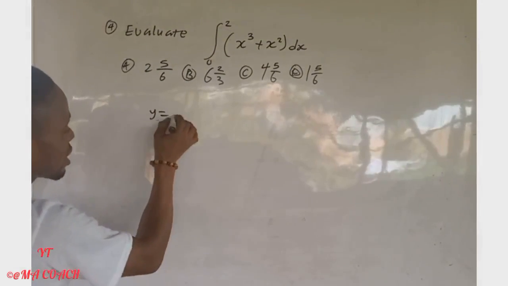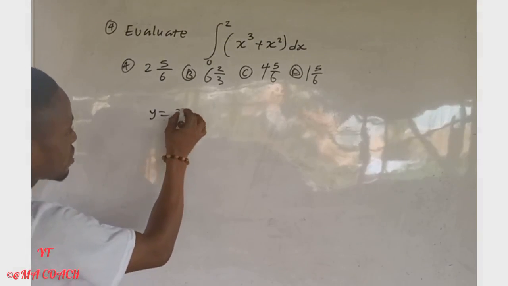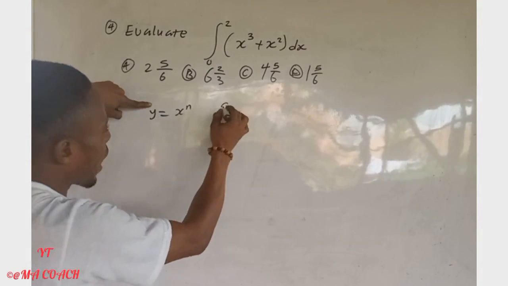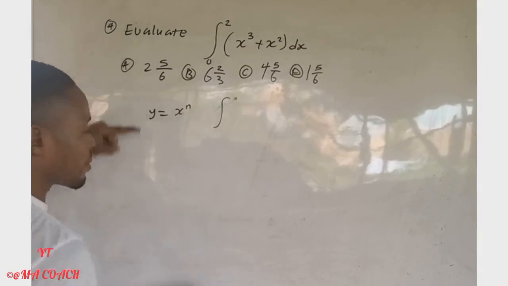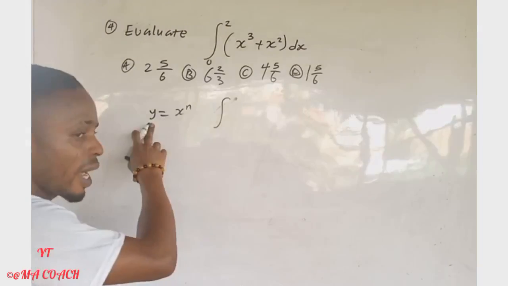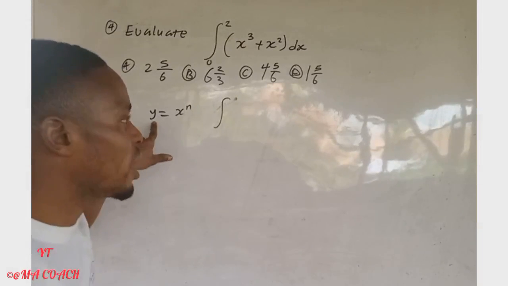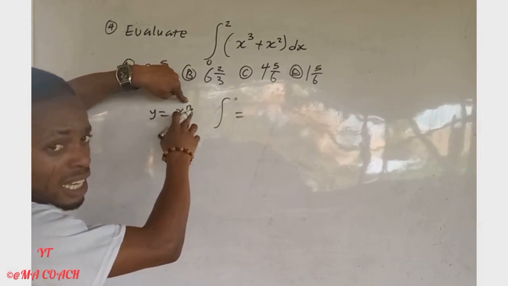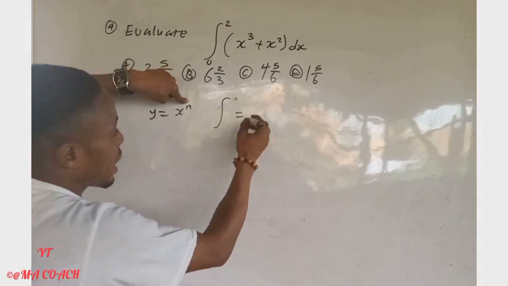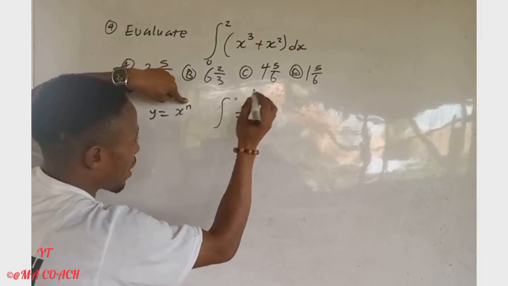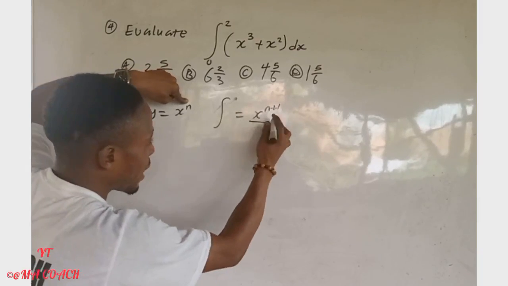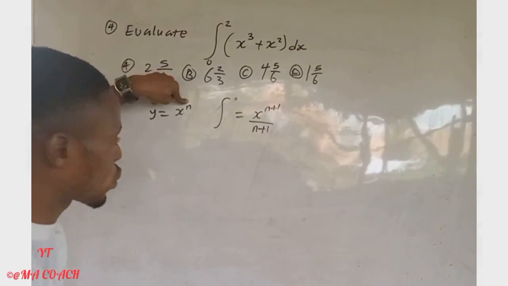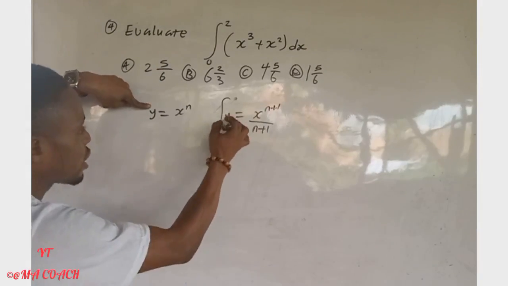If you have an expression like y = s^n, then to integrate y, you add 1 to the power n, so you get s^(n+1), divided by the power you added, that is, divided by n + 1.